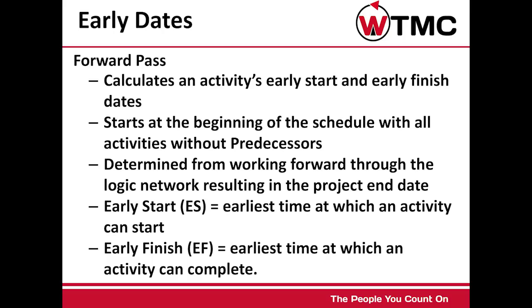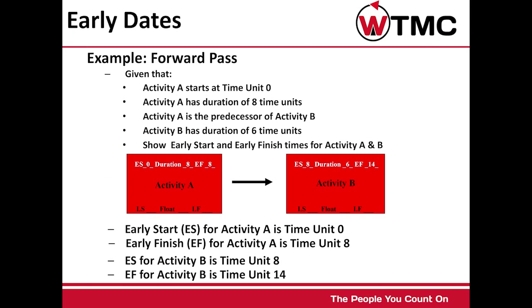The early start equals earliest time at which an activity can start. Early finish equals the earliest time at which an activity can complete. This slide gives an example of forward pass calculations.